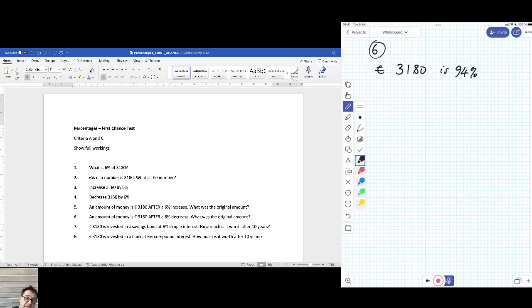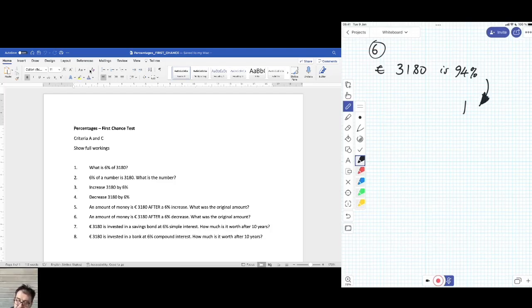It's had 6% taken off, so now it's only 94% of what it was, and that 94% is €3,180. So I want to find out what the original 100% was.